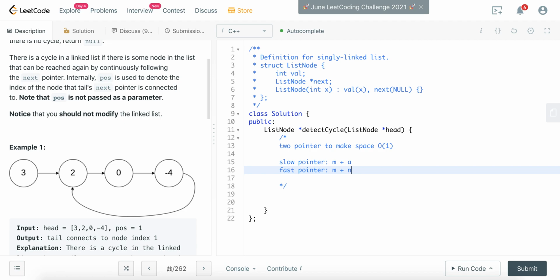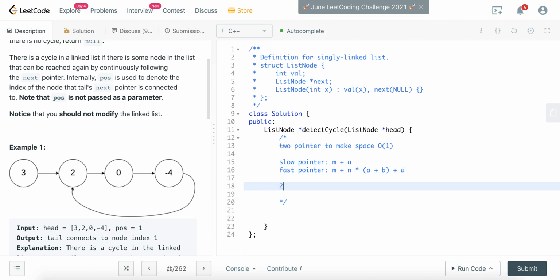I will just do n times a plus b, and then my fast pointer will also be here. It will then also plus a, right?